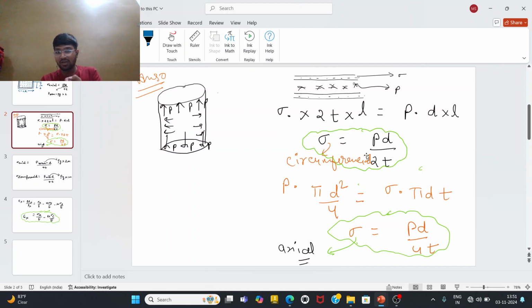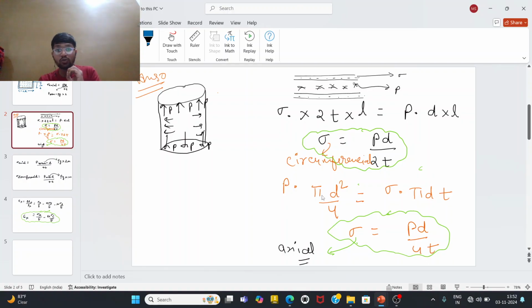This is the circumferential stress. When we cut this cylinder along the periphery, we get the axial stress.